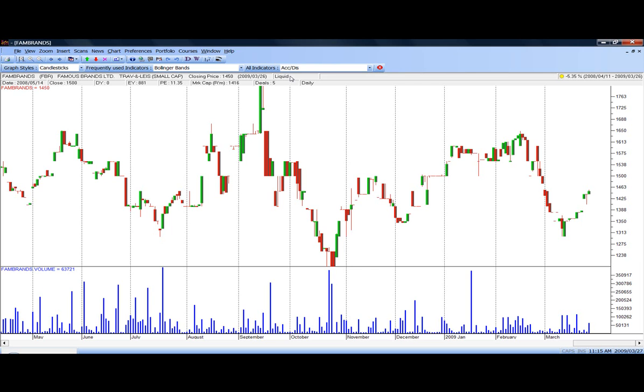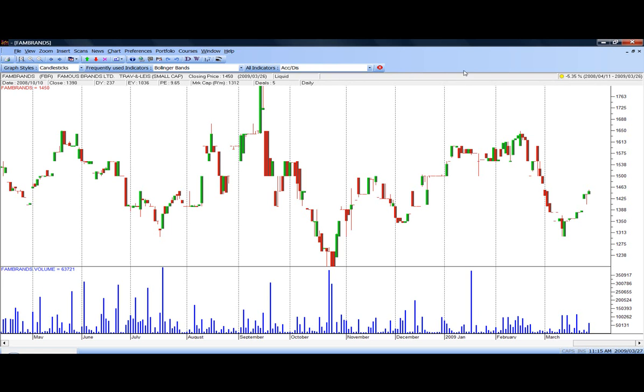The reason for these indicators is to give you an idea whether it's easy to buy or sell a share on the stock market. Any shares that are liquid or highly liquid are the ones that you should be looking for. Shares that are illiquid, you will find that it shows very little volume at the bottom of the graph, and you will have difficulties either buying or selling shares in that category.